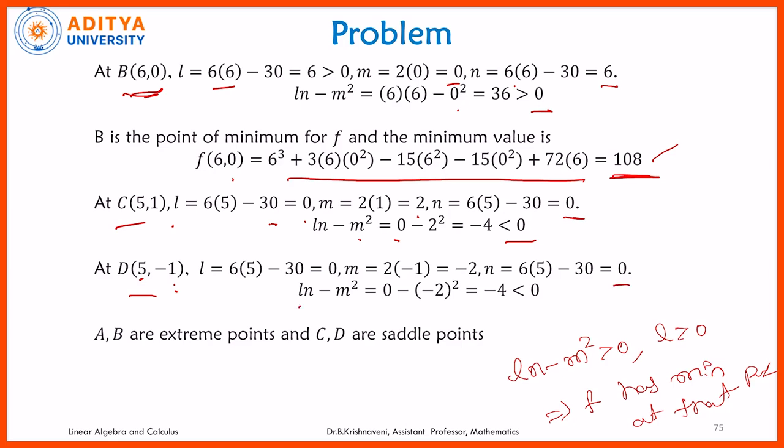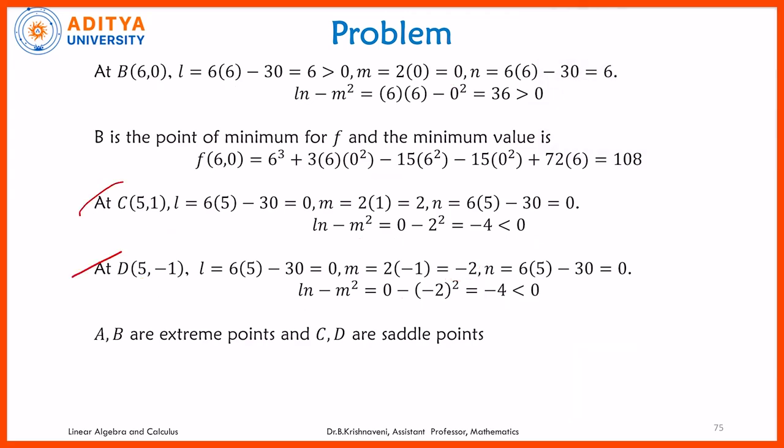Now again ln minus m square for this point: L is 0, N is 0, 0 into 0, 0 minus m square. What m value did you get? Minus 2, that is minus 2 whole square, minus 4, that is less than 0. So that means at these 2 points, C and D, we are getting the condition ln minus m square less than 0.